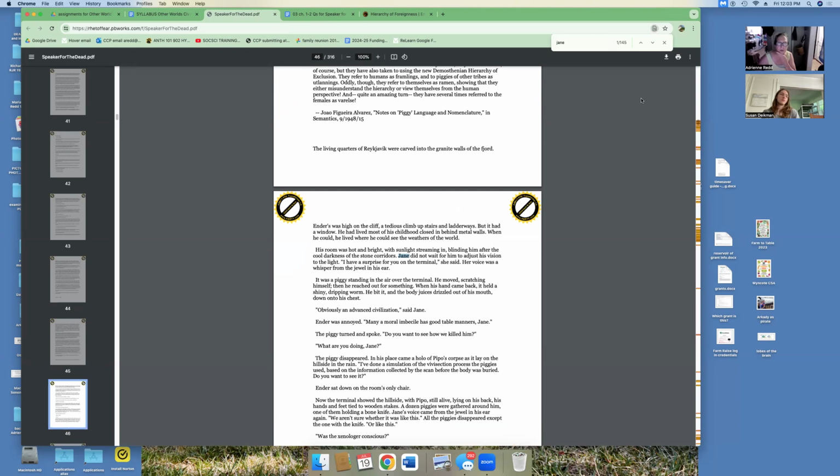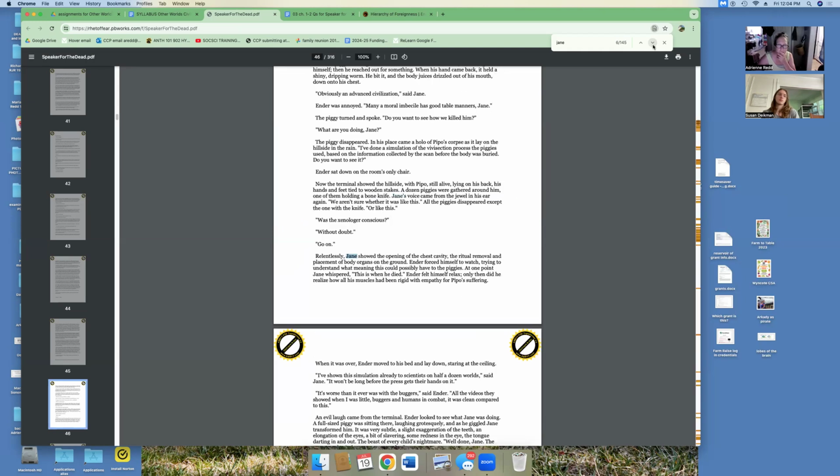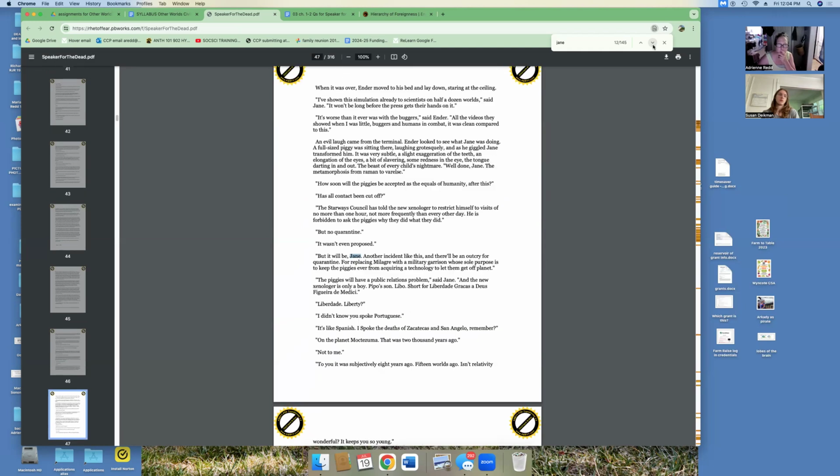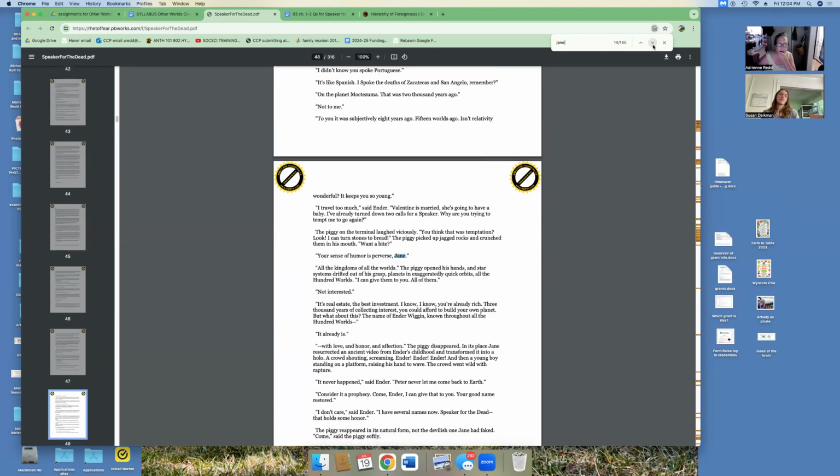So he apparently just has this jewel in his ear. It's not like he has to tote a computer around with him. There's a little bit of explanation of where she came from. Who, the computer? Jane. Yes.